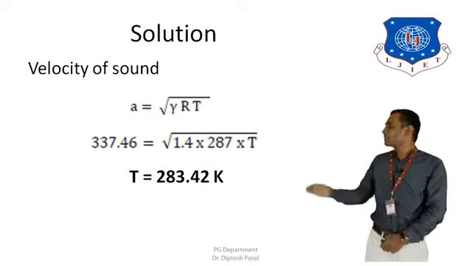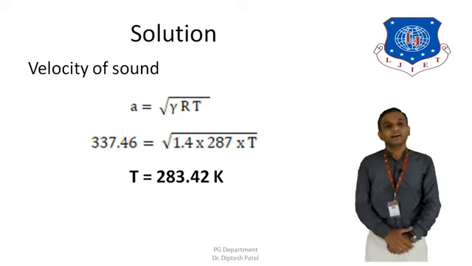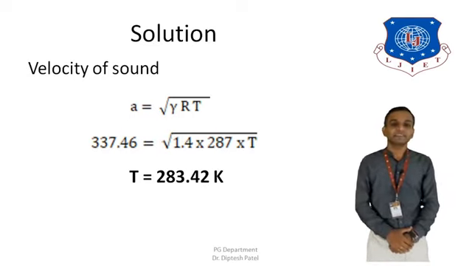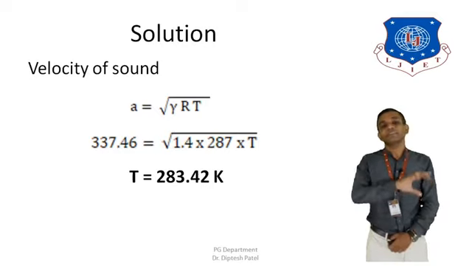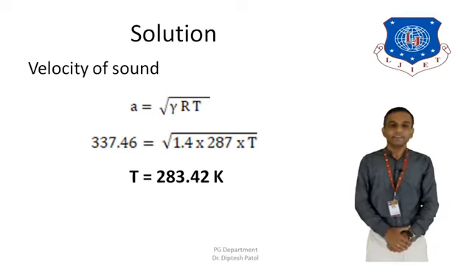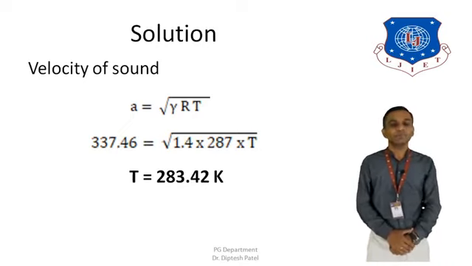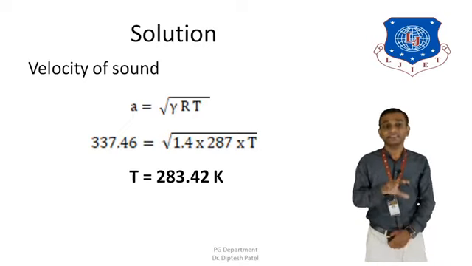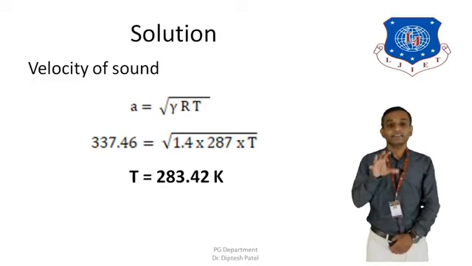So 337.46 is equal to under root of 1.4 into 287 into T, and therefore T is 283.42 Kelvin. This is our first finding, the temperature at static conditions.